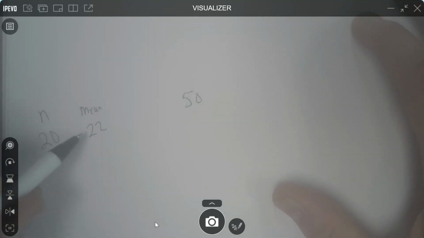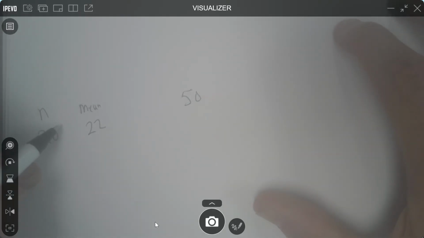Well, you must first get the total. So you kind of have to understand the formula for calculating a mean, or the average. Multiply your mean times n. So 22 times 20. There would be your sum of all the values.